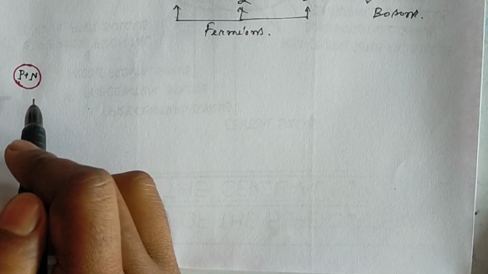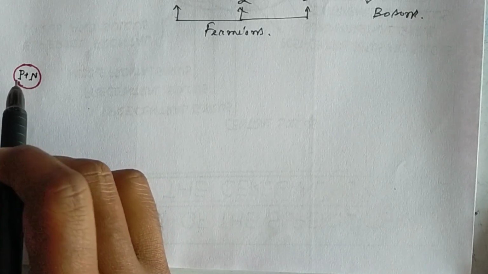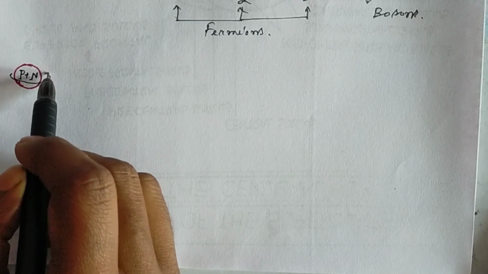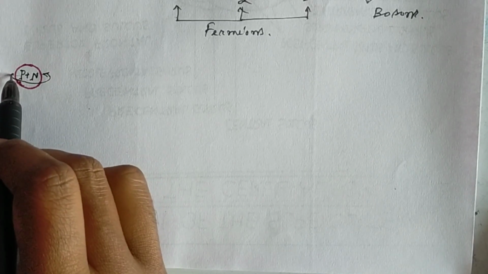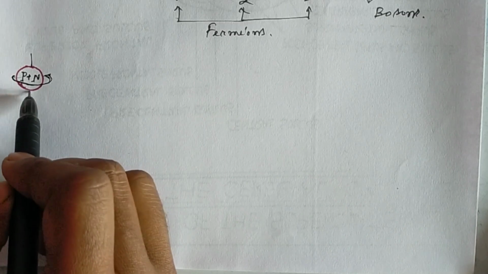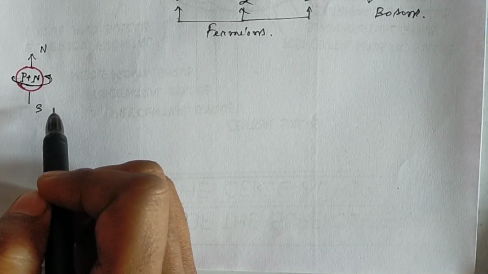Now, this is a nucleus which is made up of protons and neutrons, and it is spinning. If it is spinning in this clockwise direction, the north pole will be here and the south pole will be here.